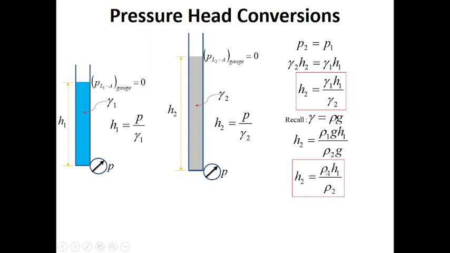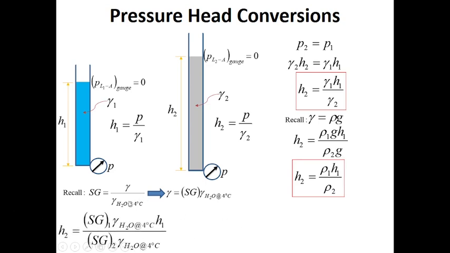So this will now be rho 1 h1 over rho 2. Recall the specific gravity of a substance is equal to the specific weight of the substance to the specific weight of water at 4 degrees Celsius. So that's the formula. And the specific weight of the substance can be obtained when we multiply the specific gravity of the substance by the specific weight of water at 4 degrees Celsius.